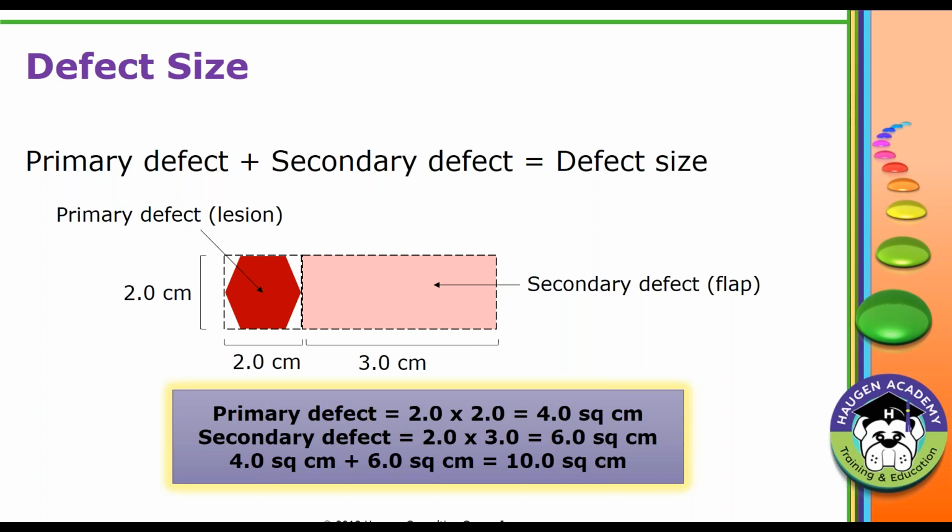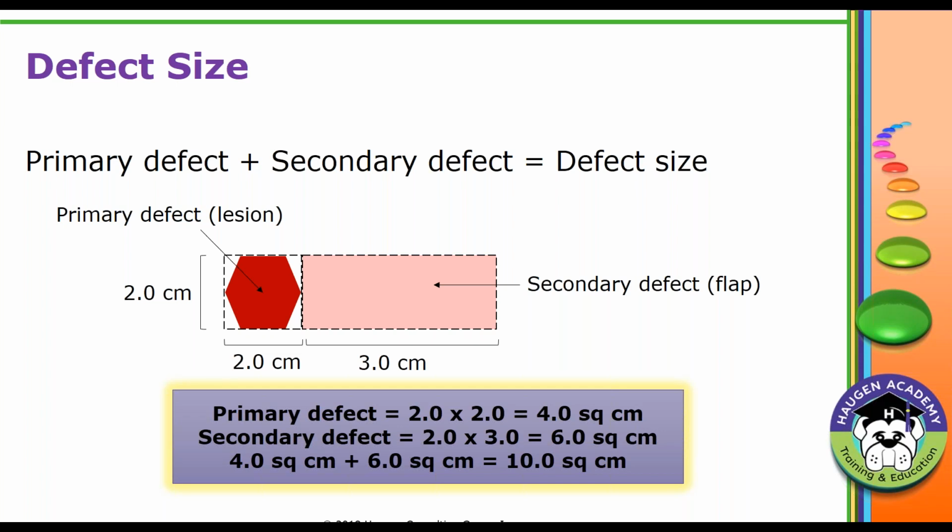The secondary defect is for the flap. So that is what they're going to pull over the primary defect. But the secondary defect is also by area, so that'll be multiplied again. So we'll have 2 centimeters by 3 centimeters for a total of 6 square centimeters in this example, and then we'll add those two together for a total of 10 square centimeters.